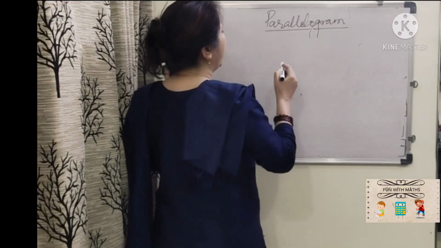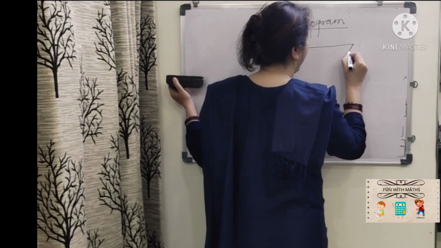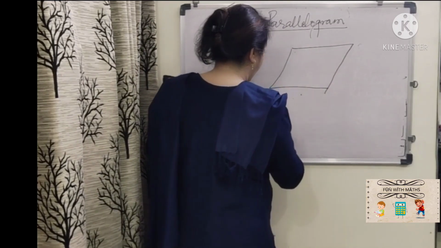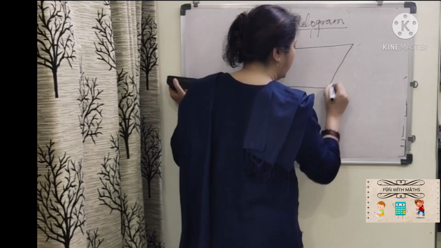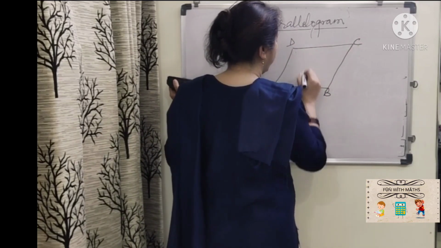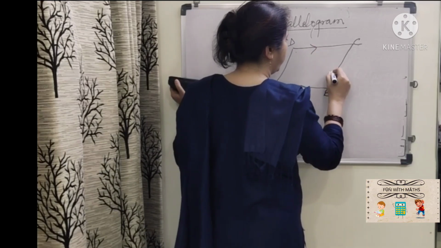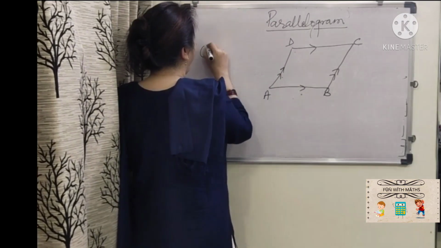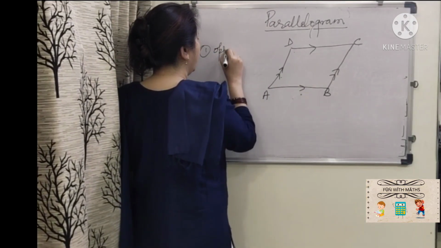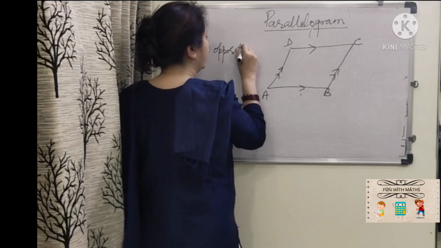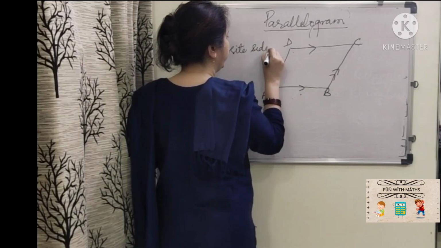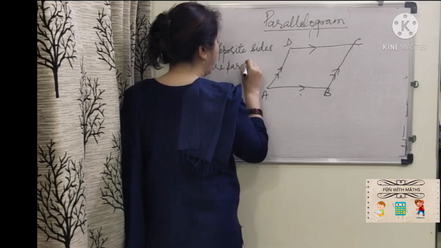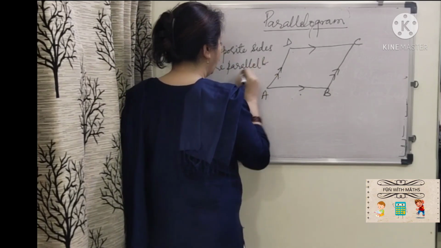In a parallelogram, what are the basic properties which we will be proving later? If ABCD is a parallelogram, first, opposite sides are parallel and equal.